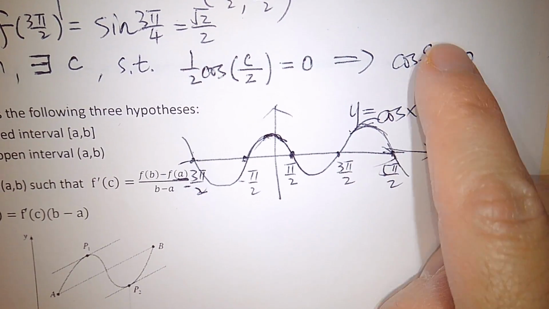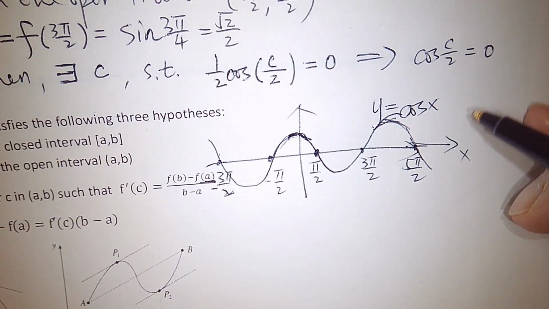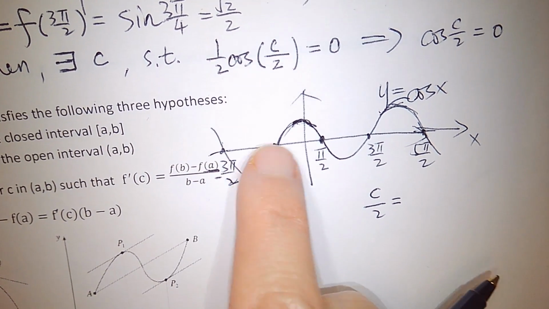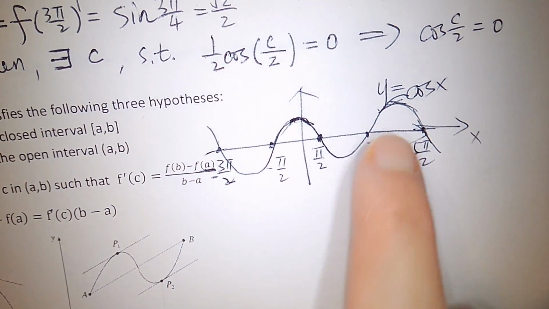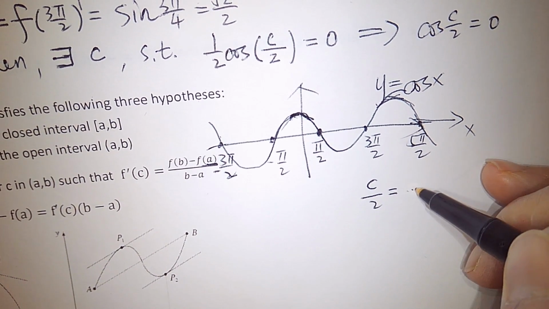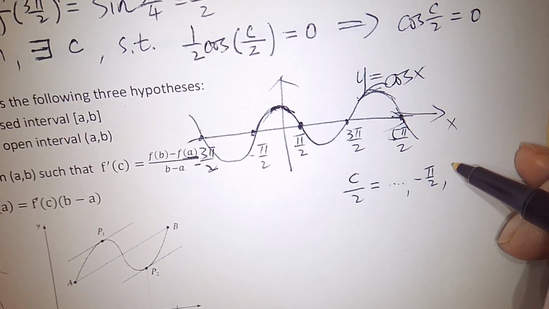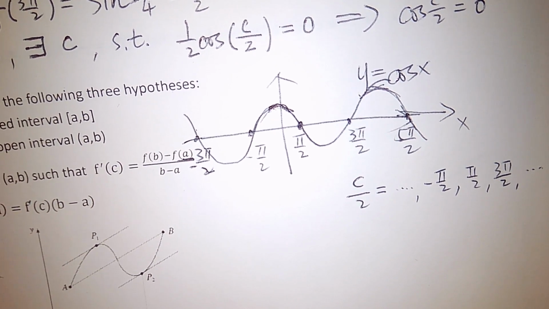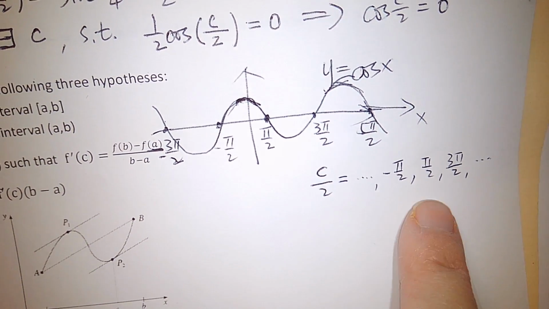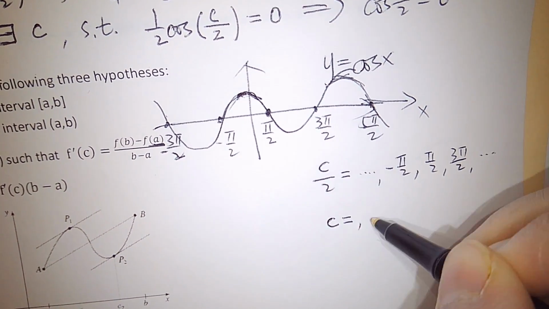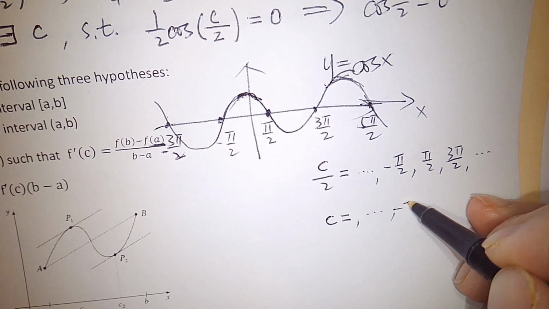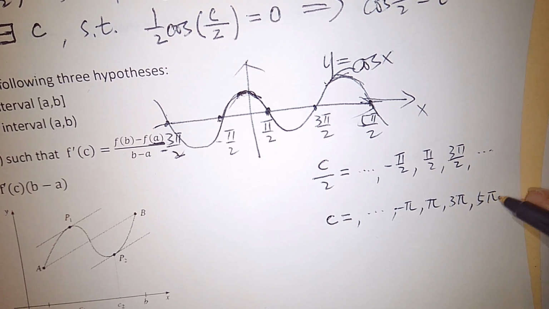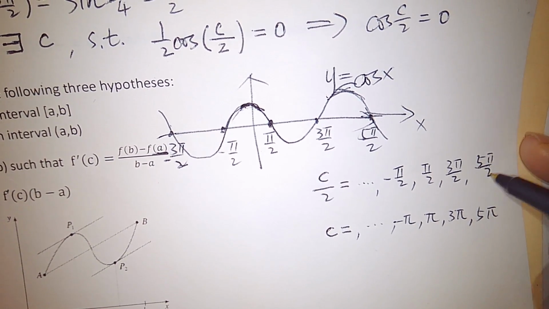So when cosine of C over 2 equals 0, the C over 2 must equal either this, or this, or this. Negative pi over 2, pi over 2, 3 pi over 2, and so on. If C over 2 equals this, C must equal negative pi, pi, 3 pi, 5 pi, and so on.